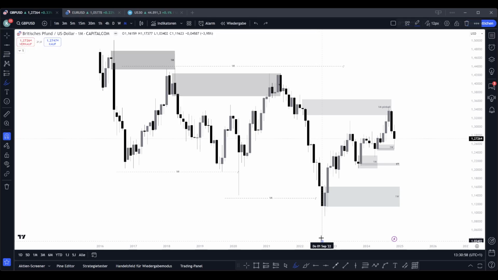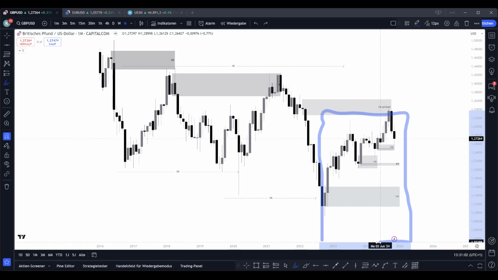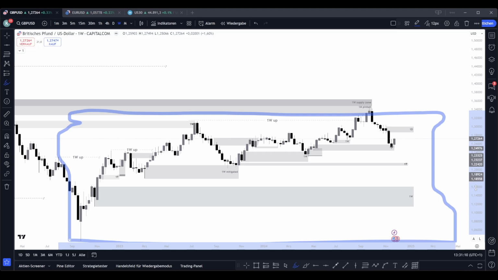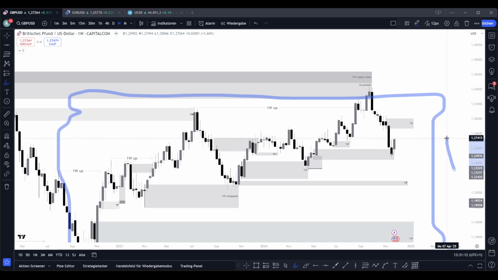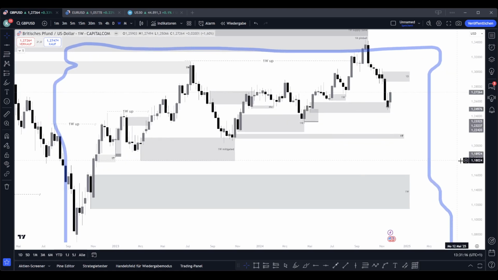I have to draw that better. So when scaling to the weekly time frame, we'll be focusing within this area. Since we are focusing within this area, what can we see here?